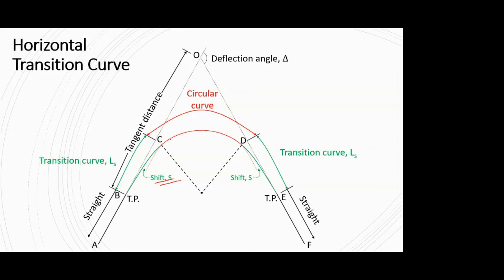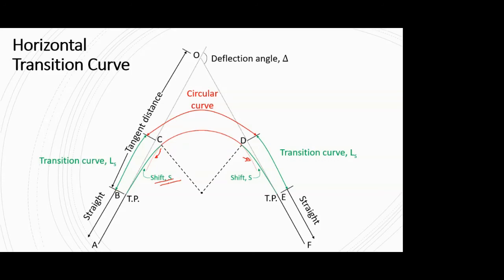If I extend this circular curve, which is in red color, I'll get this dotted line over here on both the sides. The difference between that dotted red line and that green line, which is our transition curve, is nothing but the shift.